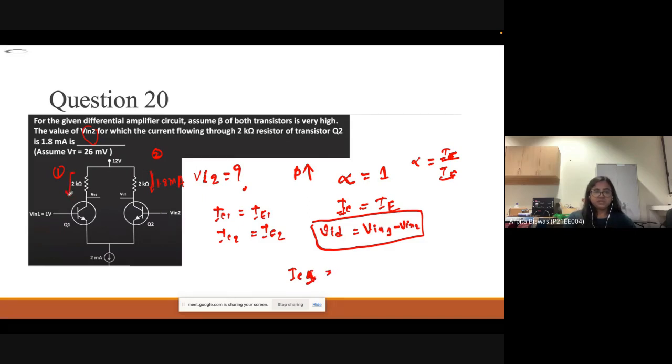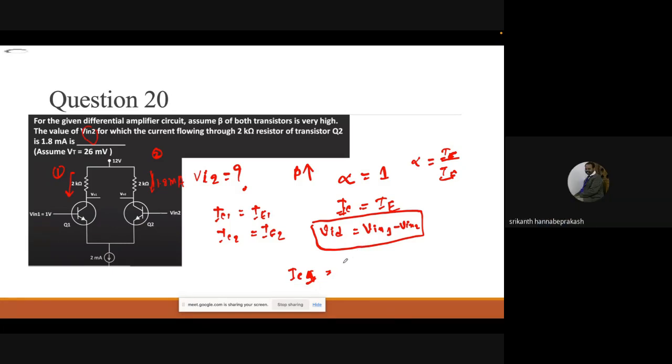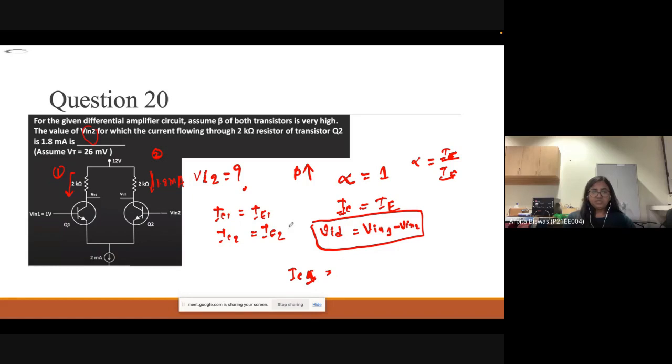IC2 is already given, it is 1.8 milliamp. So where we can put the IC value, and if there is some formula, we can find the unknown factor, like IC1. How will we find it?